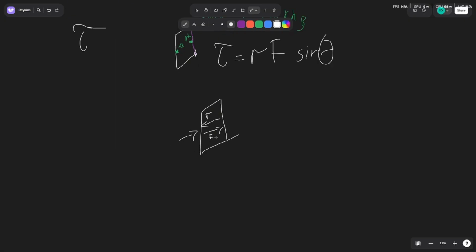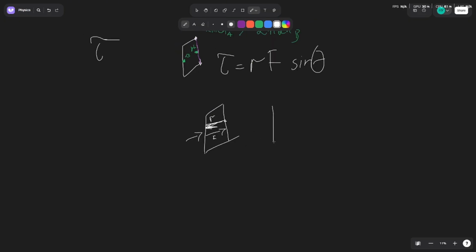So you push it there, and the force applies on the right, while the radius is the distance from one point to another point. And the sin is the sin of the angle between the radius and the direction in which you apply the force.